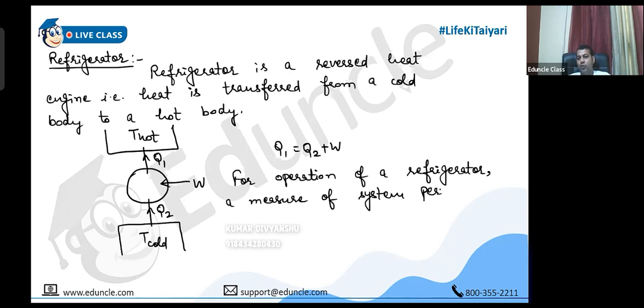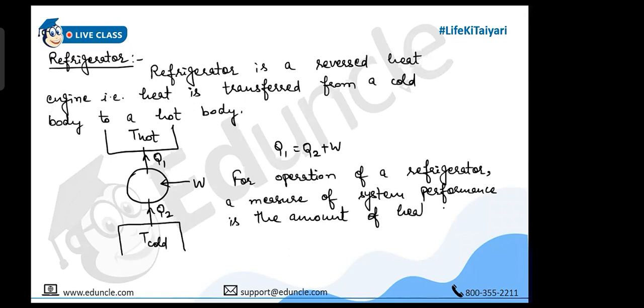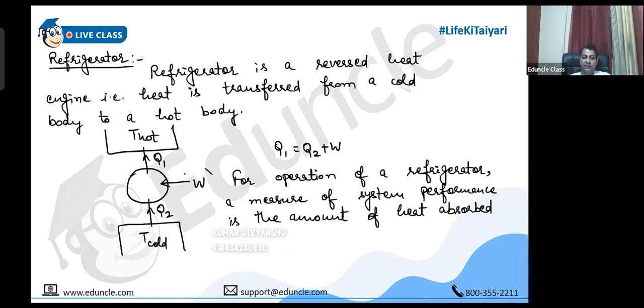Actually, you are trying to get the idea of how well the system is performing. And how can you get that idea? By how much heat it can take out from the food. If it takes more heat from the food against the same work done, then obviously it is a better refrigerator.